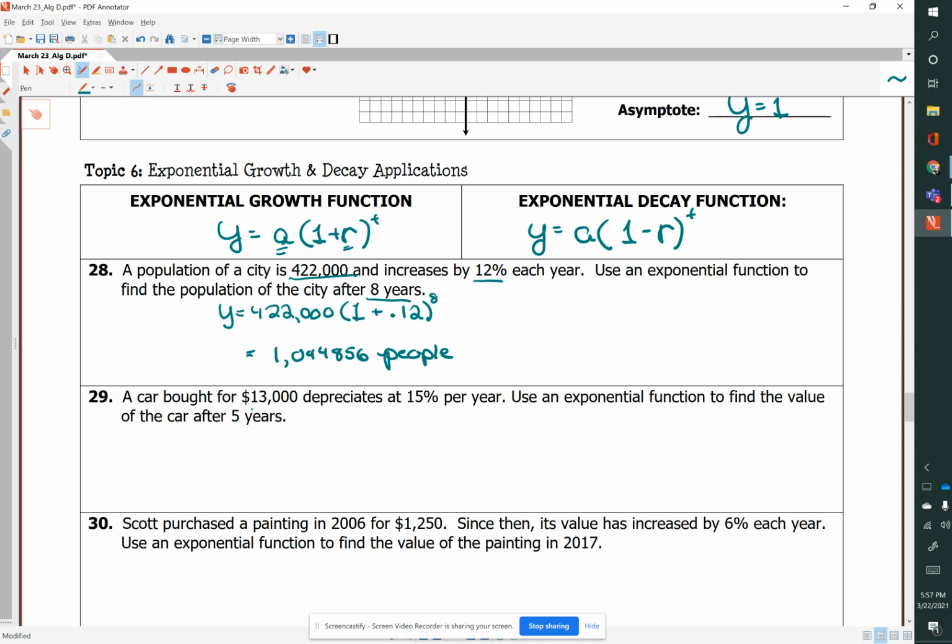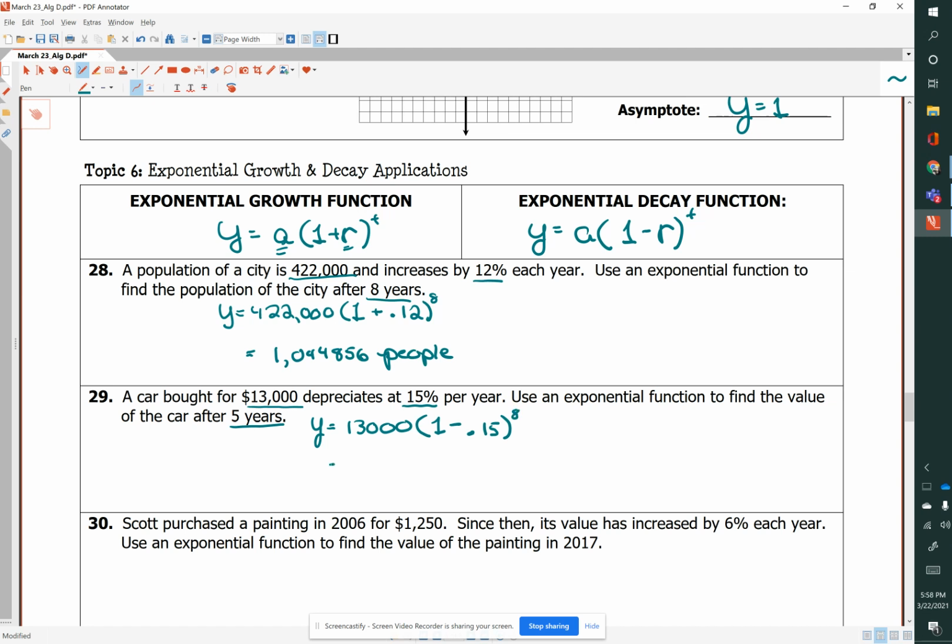Number 29, a car bought for $13,000 depreciates at 15% a year. This is a decay function. So we're going to use an exponential function to find the value of the car after 5 years. So the rule would be y equals 13,000 times the quantity of 1 minus 0.15, and that will be raised to the 8th power.